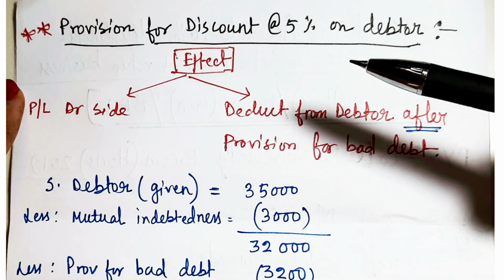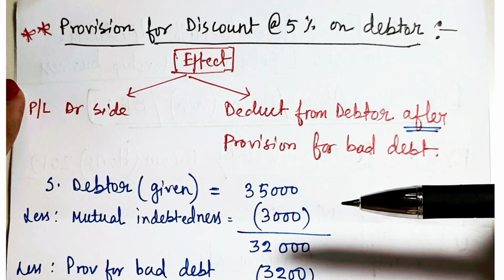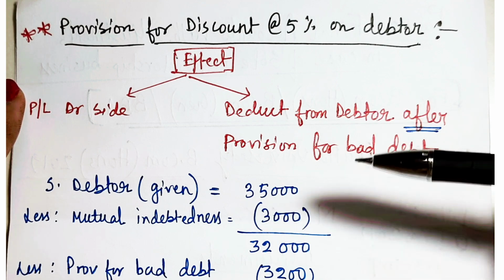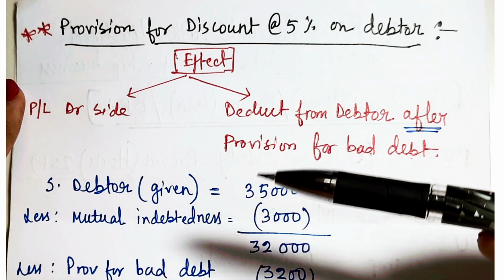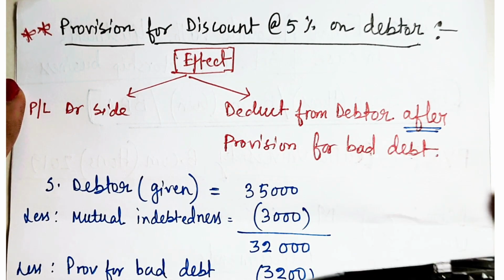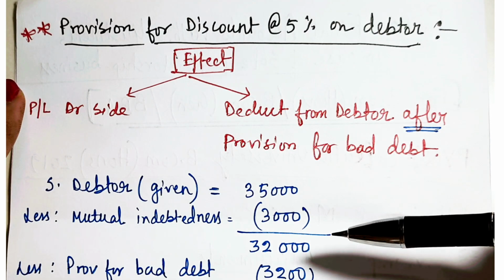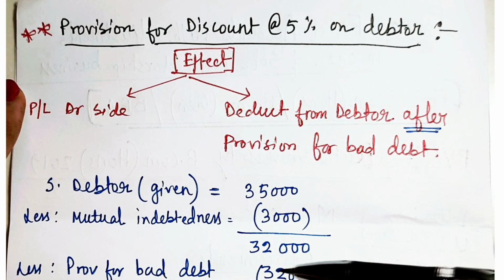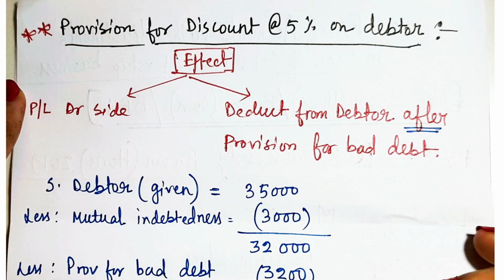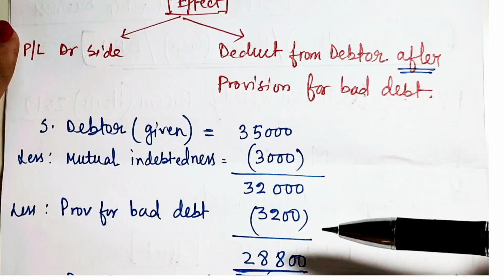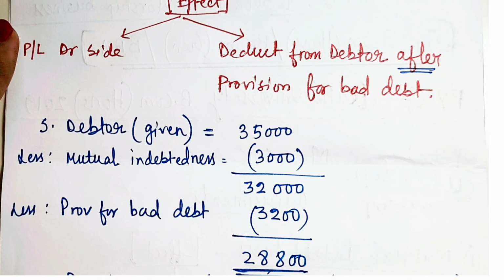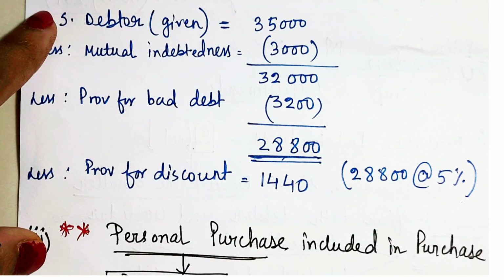So, this discount will be given after mutual indebtedness and after provision for bad debt. So, until now we saw that sundry debtor was 35,000, we deducted mutual indebtedness, that is 3,000, giving 32,000. From this we deducted the provision that we created for bad debt, 3,200, and the amount right now is 28,800. From this we will be creating the provision for discount, that would be 5% on 28,800, that is 1,440.